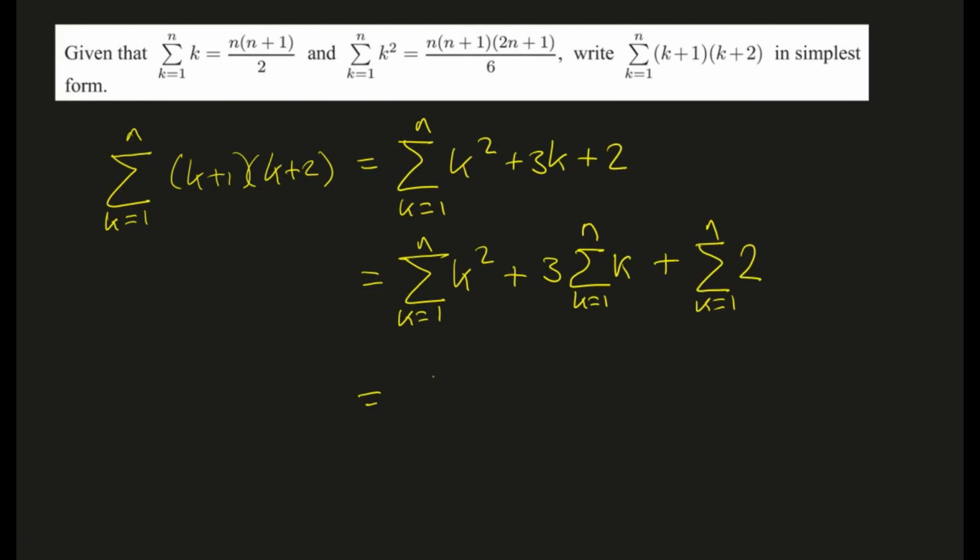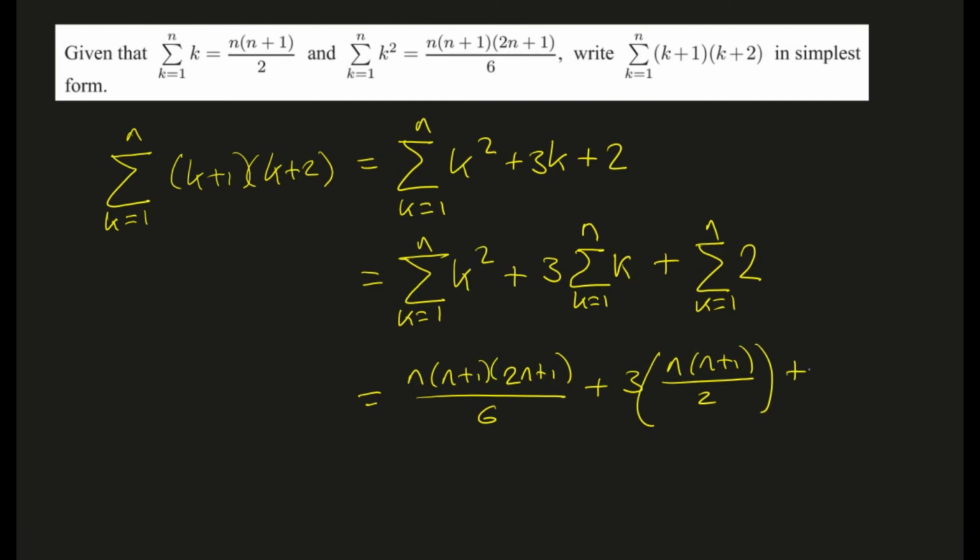So the sum of k squared is going to be n plus 1, 2n plus 1 over 6, plus 3 lots of the k formula. Well, that's given as n plus 1 over 2. And then we've got all those 2's. If we remember, we've got to do 2 times the number of 2's.